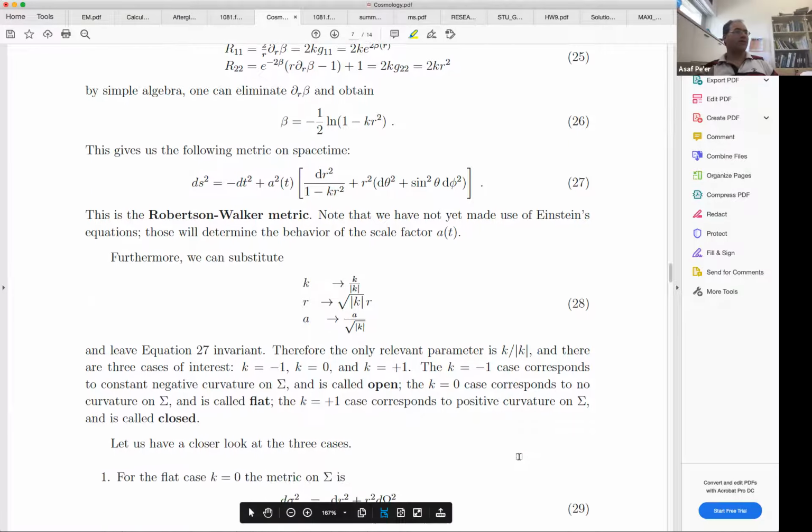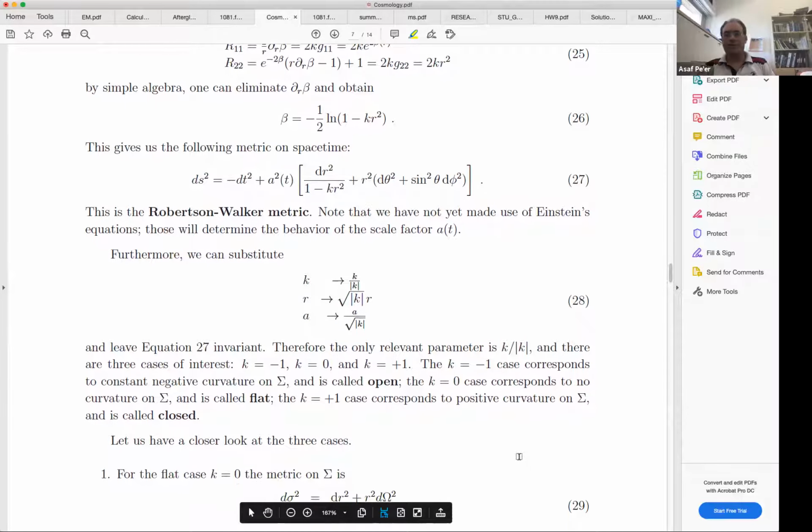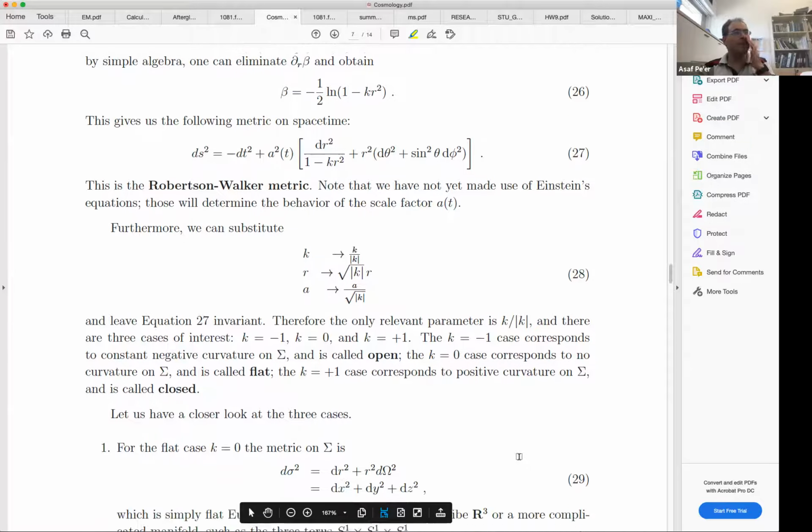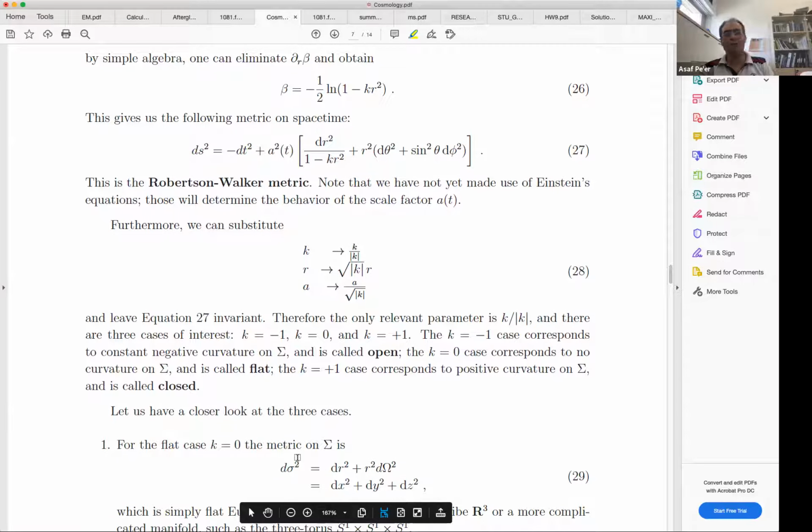Let's start with the flat. So flat case is k equal to 0, right? You can write down the spatial part of the metric, which I denote with a small sigma. d sigma squared is just equal to dr squared, k is equal to 0, plus r squared d omega squared, which again is just writing down the Euclidean space, dx squared plus dy squared plus dz squared.